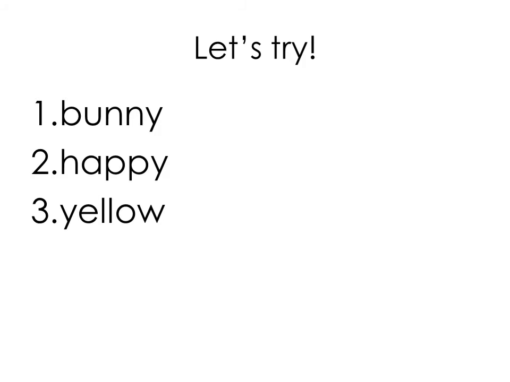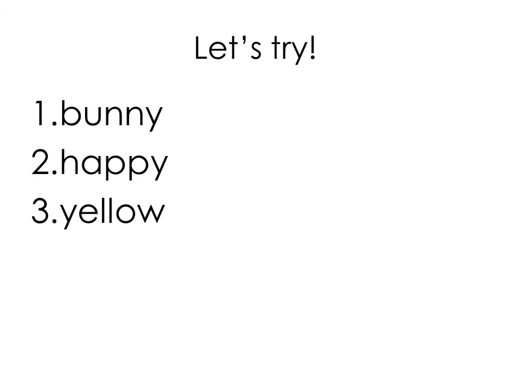Now, we are going to try. Get your notebook and then write 1, 2, 3. And then, you're going to write the chunks of these syllables. Okay, number 1, we have the word bunny. Number 2, happy. Number 3, yellow.